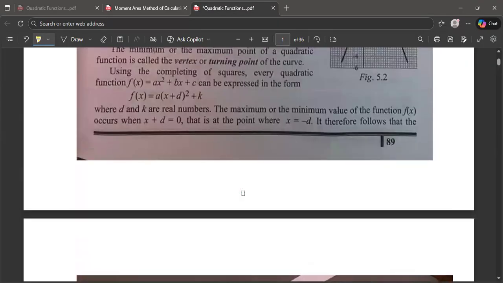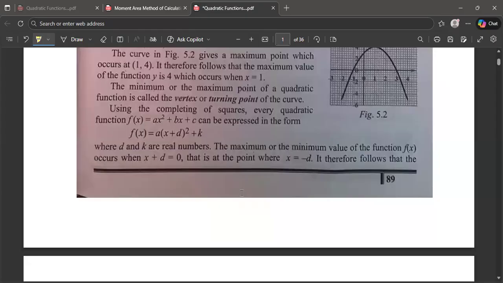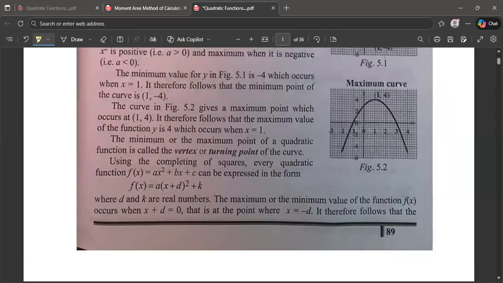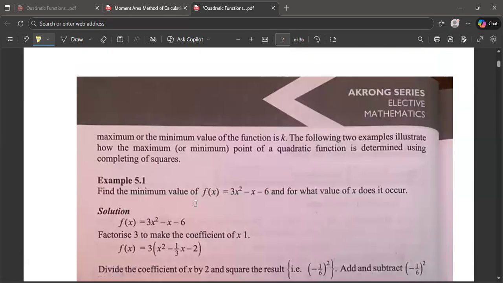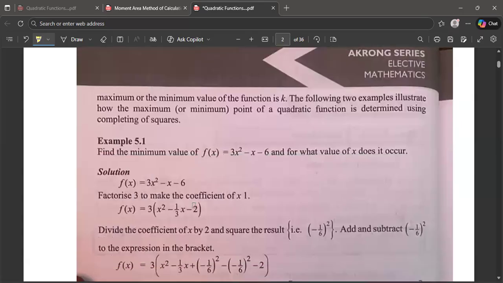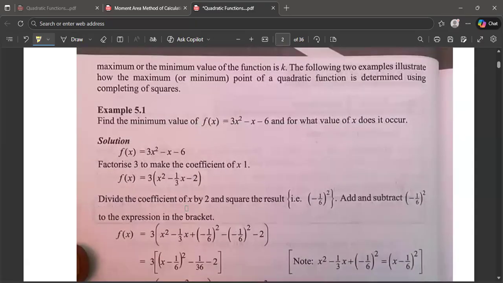The maximum or the minimum value of the function f of x occurs when x plus d equals 0, that is, at the point where x equals -d. It therefore follows that the maximum or the minimum value of the function is k. The following two examples illustrate how the maximum or the minimum point of a quadratic function is determined using completing the square.